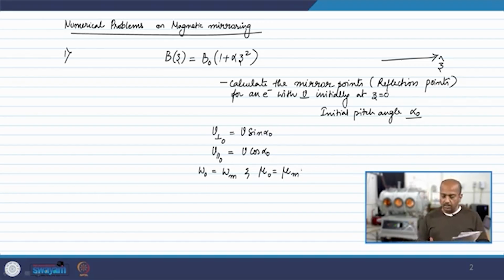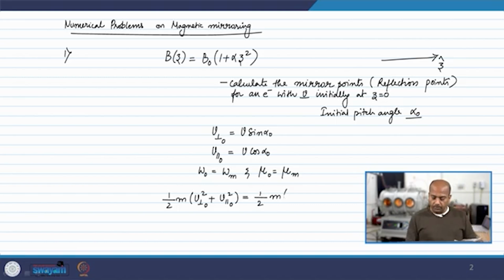Let us write the conservation, which is half m times V perpendicular 0 square plus V parallel 0 square, which has to be equal at the mirroring point to V perpendicular m square plus V parallel m square. The suffix m indicates the mirroring point and 0 indicates the initial point. So between these 2 points the energy has to be conserved.